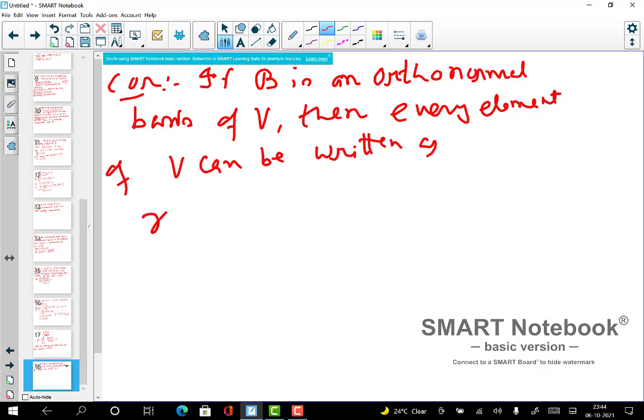You choose any element x, and it will be written as the summation of the inner product of x with vi times vi, i equal to 1 to k. I'm assuming that B is finite dimensional.